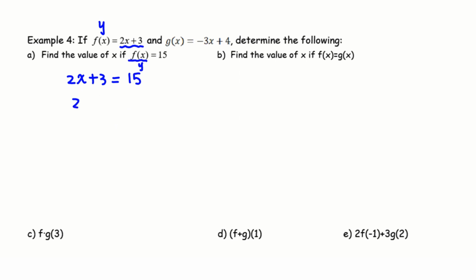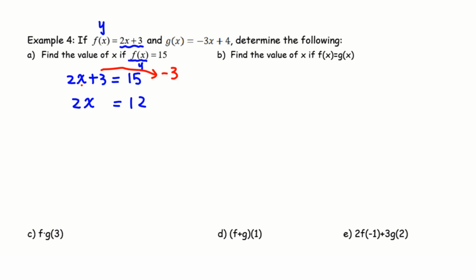So 2x plus 3 equals 15 is a linear equation. We want to isolate x. Then we are going to do the backward of BADMAS, adding and subtracting first. Move to the other side. Plus 3 becomes minus 3, so we have 12. Then in order to solve for x, we move the 2 to the other side. We isolate x. 2x means 2 times x.